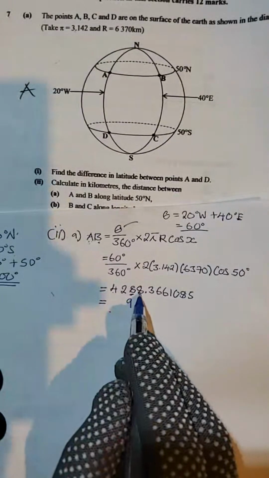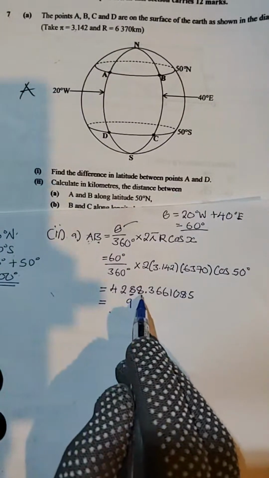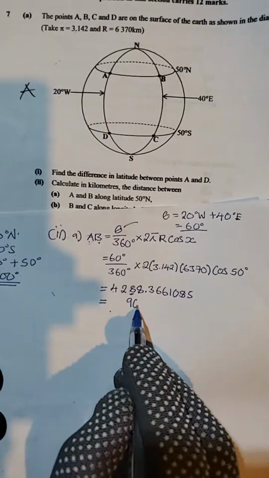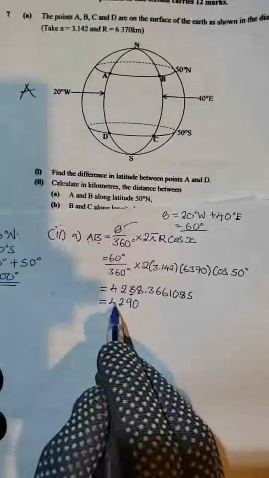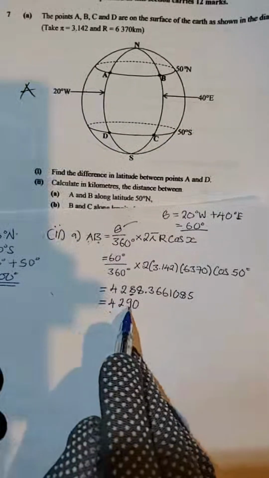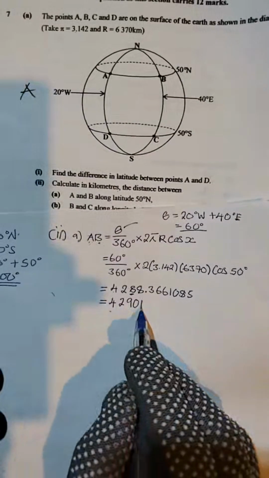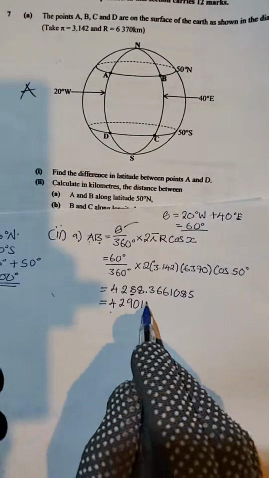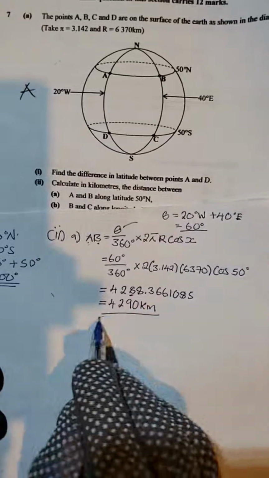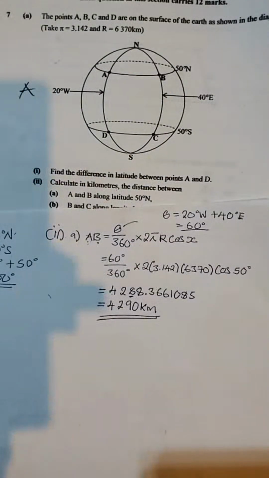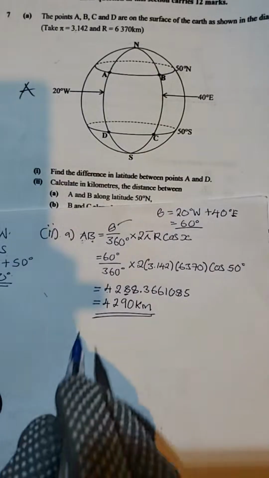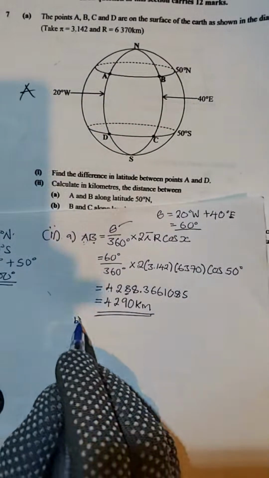But take note of the number before the decimal point, which becomes 0, then this one 2, then this one 4. So 4290 kilometers, and this is the answer to question 2A. Quickly, let's go to question 2B.